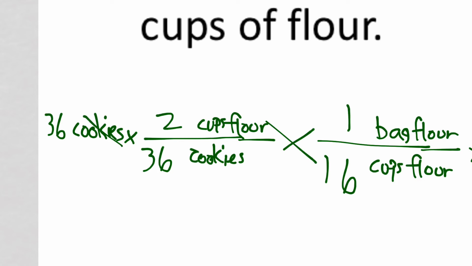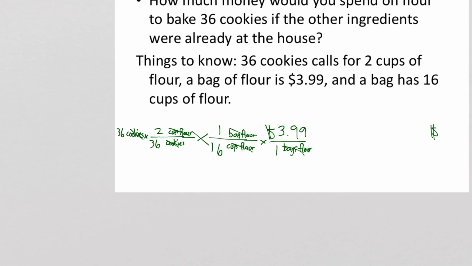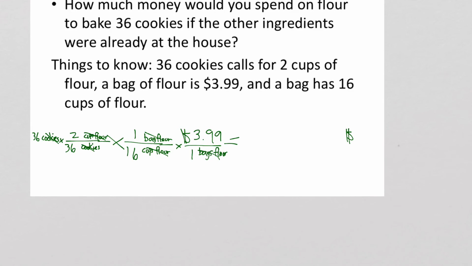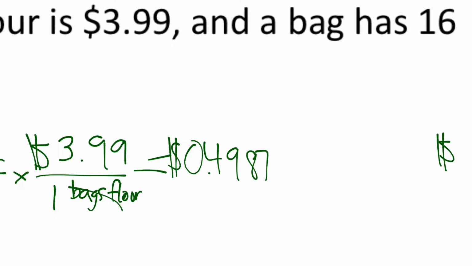So my units on the top and bottom are canceling out, leaving me only with money as my only value there. So my calculator will tell me, I'll zoom in here, 0.4987 cents, or I should say dollars, so a little under 50 cents.